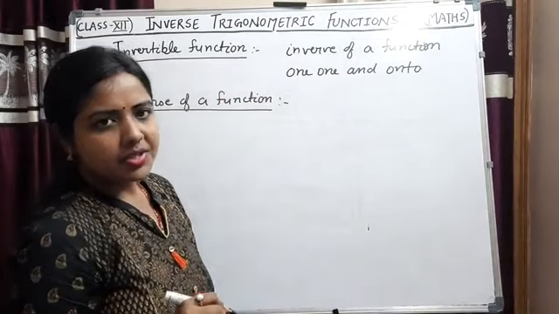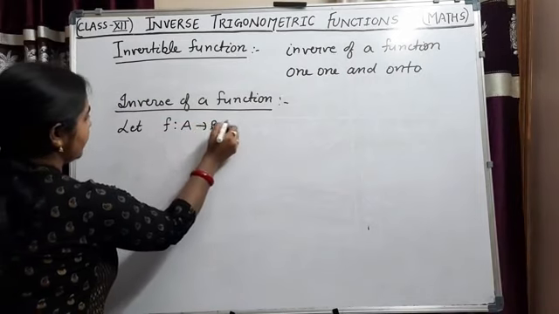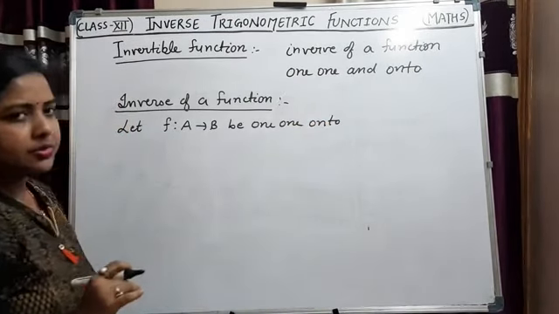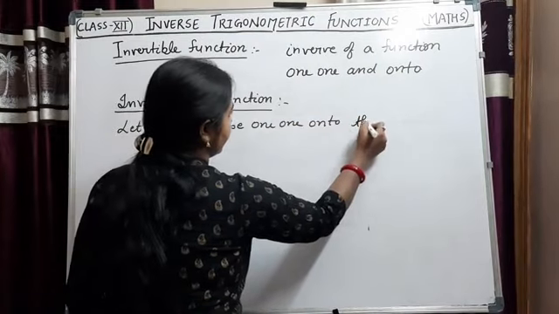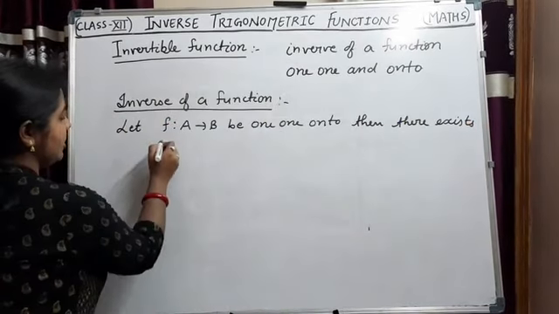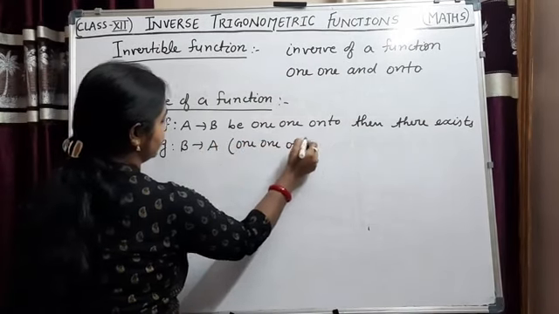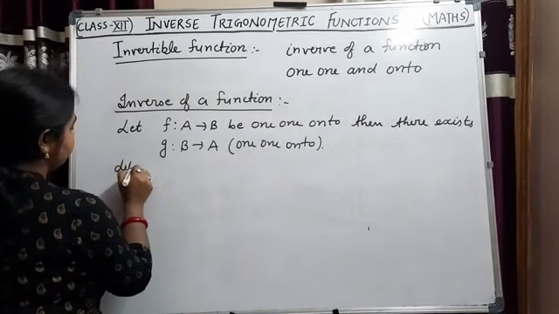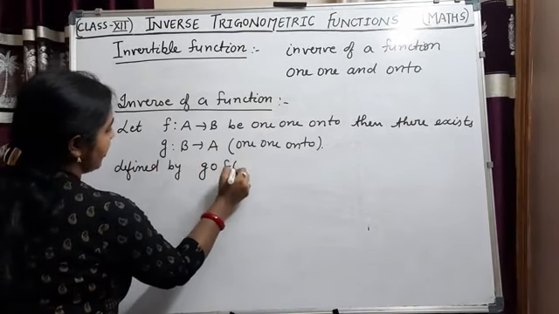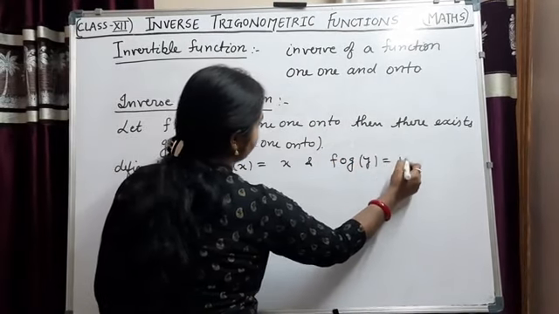In the previous chapter on functions we have discussed that if f from A to B is 1-1 onto, then there exists another function g from B to A that is also 1-1 onto, defined by g o f of x equals x and f o g of y equals y.